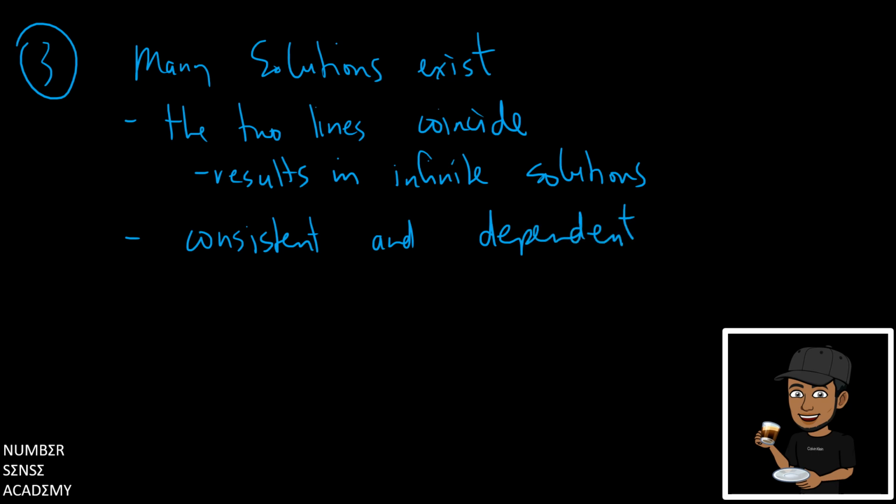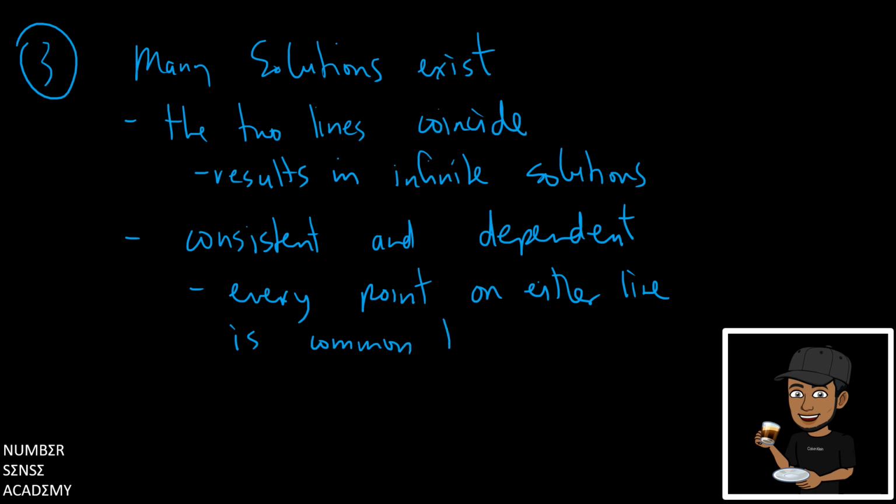So if there's one solution, then the system is consistent and independent. If there's no solution, the system is inconsistent. And if there are many solutions, then the system is consistent and dependent. Okay? So every point on either line is common to both lines. That's what that means.